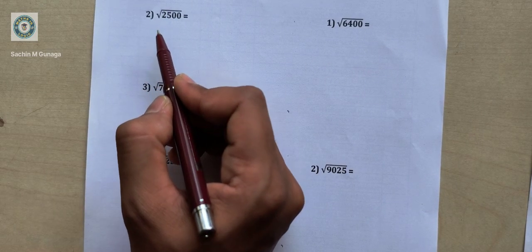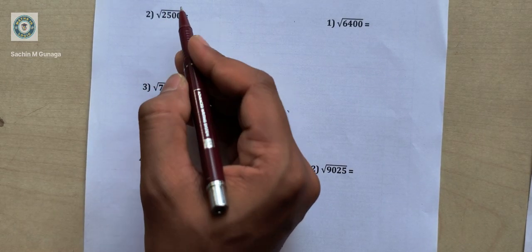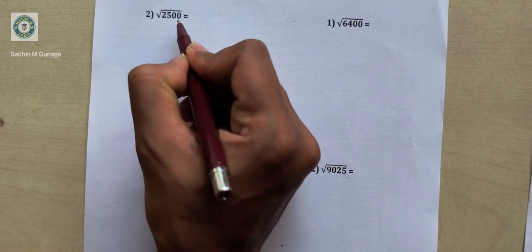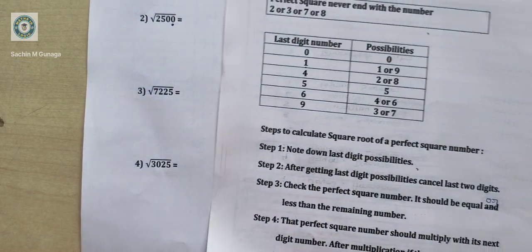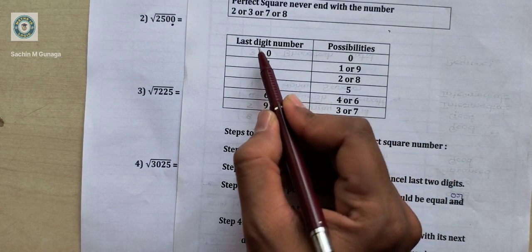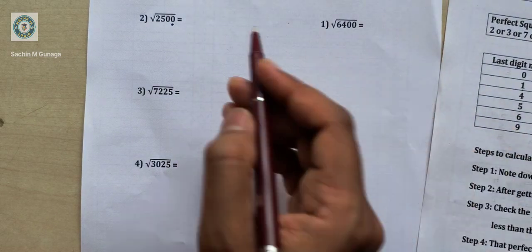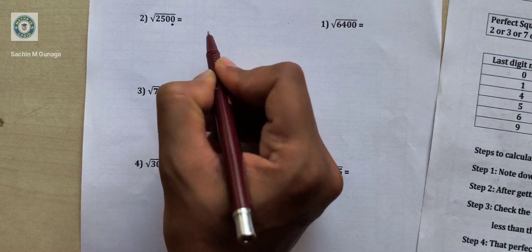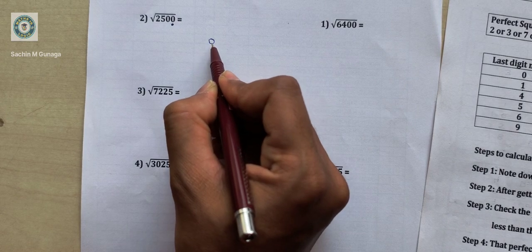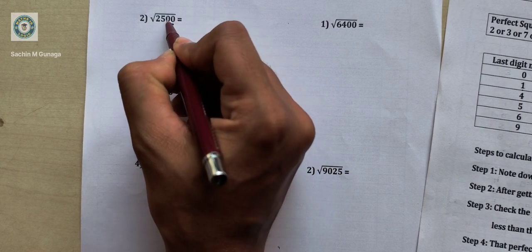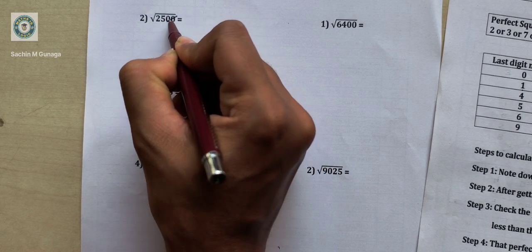Next, question number 2. So here again square root of 2500 is there, so what is the last digit number here? 0. Therefore last digit number 0, possibility is what? Only 0, so note down here 0. Next, after writing last digit number possibility, delete last two digits, 0 and 0.